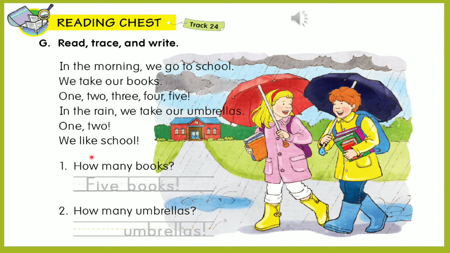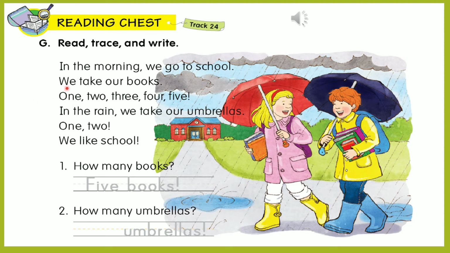And so we have here a few questions, specifically two. And the questions are asking how many books. The question wants to find out the number of books. Well, if we read through our passage, what does it say?